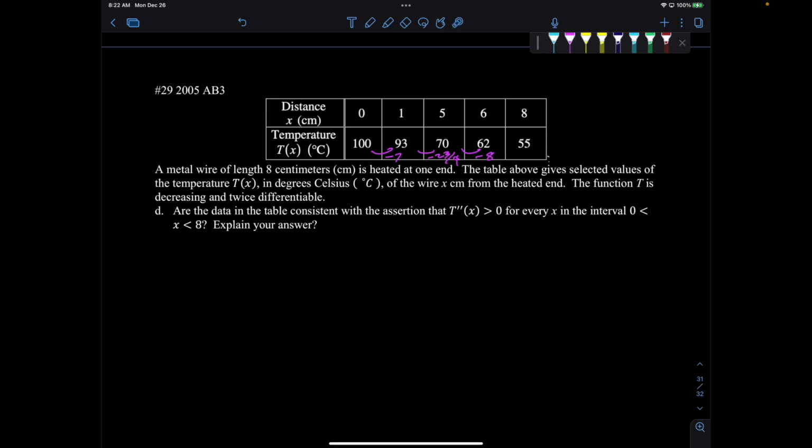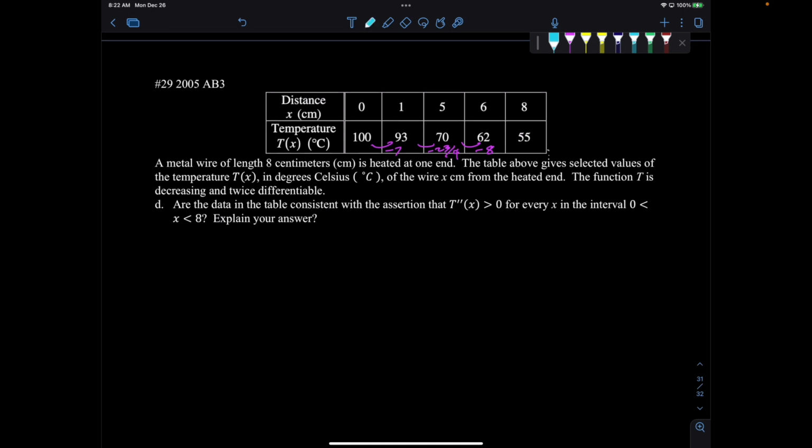Remember, we're faking our way through the mean value theorem right now, and then we're going to write it up. But the mean value theorem guarantees that T prime is -7, and then that T prime is -8. If you go from -7 to -8, you must decrease, which means the mean value theorem applied to T prime will guarantee a T double prime value that is negative. So that's what I'm going to do.